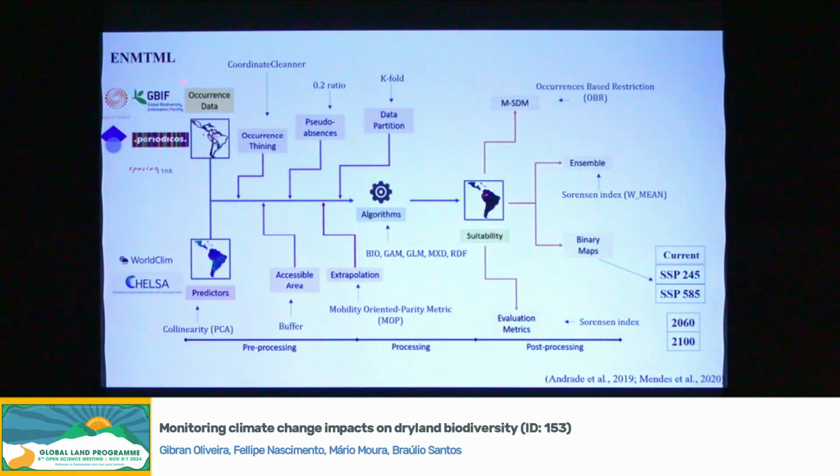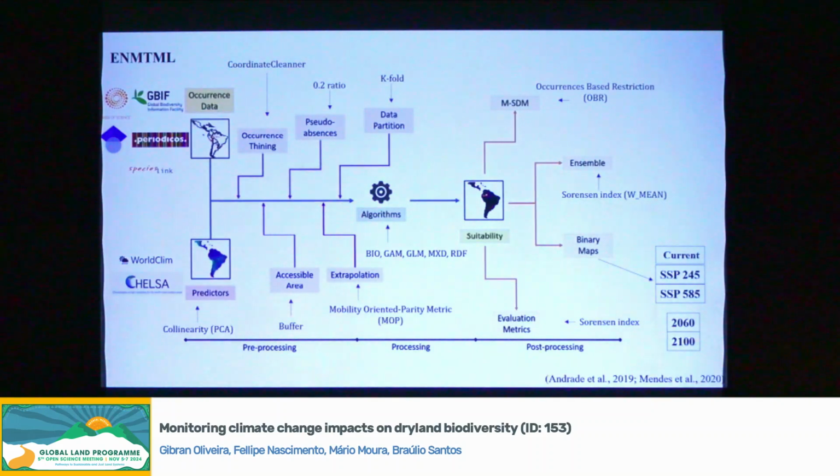We start with input data, remove colinearity, clean the occurrence data, attribute some pseudo-absences, define the accessible area, and do the extrapolation to estimate the suitability. And we did a data partition, but here we don't use bootstrap, we use scaffold because we think it works better and more quickly.